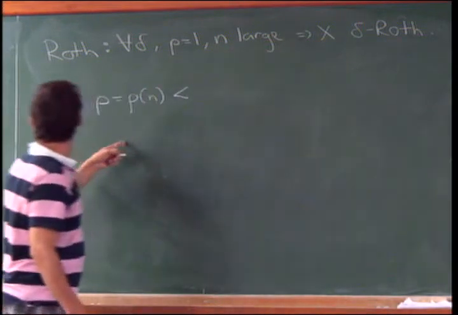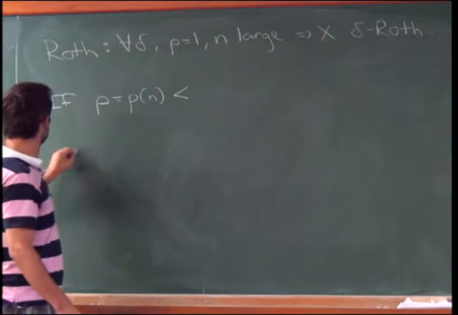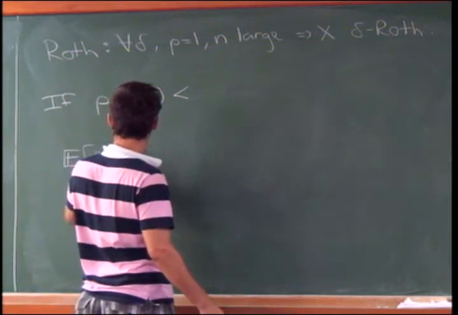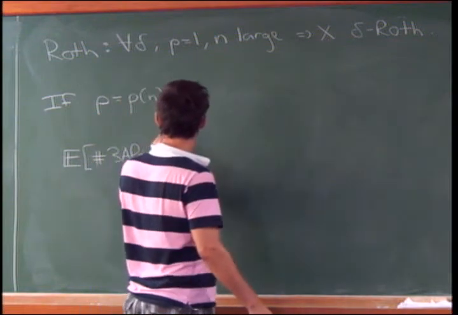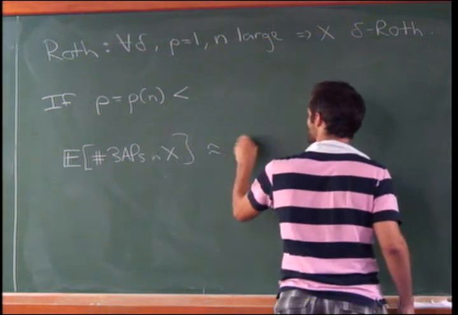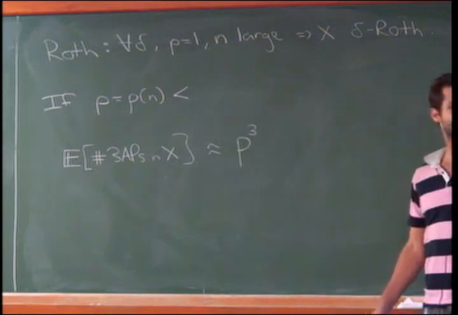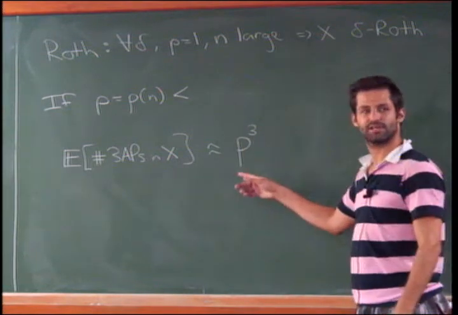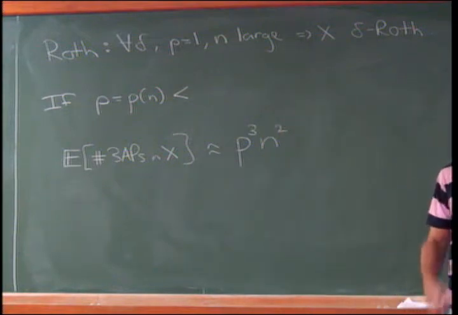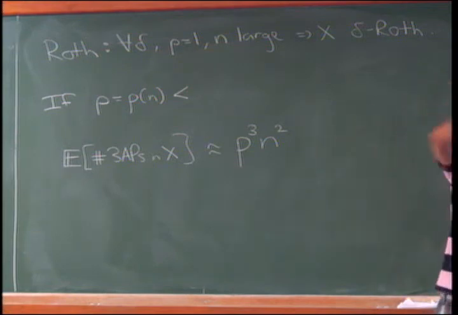So how many 3APs do we expect? Each one is there with probability p cubed, and there are n squared of them, more or less. Pick 2 of them, that determines the third, well, 3 possibilities.